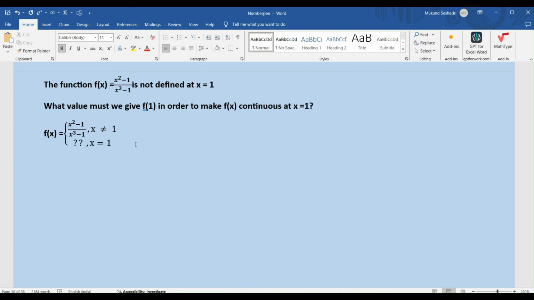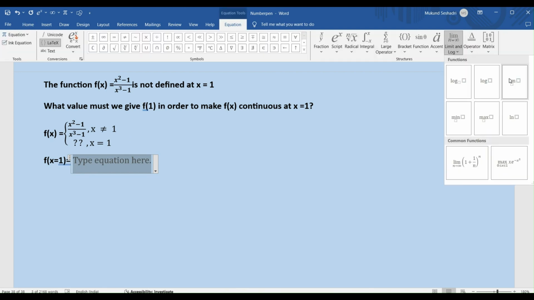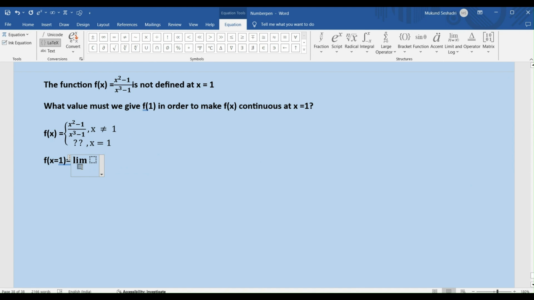So now I know that for my function to be continuous at x equal to 1, I should have my continuity conditions satisfied, right? And what is my continuity condition? My limit x tending to 1, and in this case I don't think you need to really worry about your left hand or the right hand limit because you have a common function, be it x lesser than 1 or x greater than 1, right?